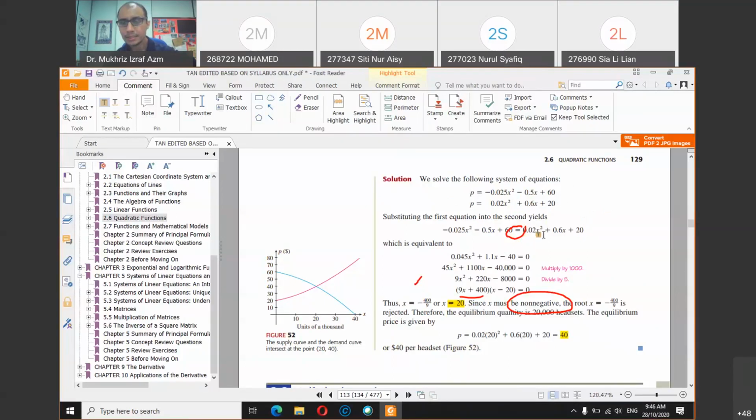Here is a quadratic equation for both the demand and supply, and you are solving for x using the conventional method, but you can also solve this problem using Excel. So that will also be part of your final assignment number 5.